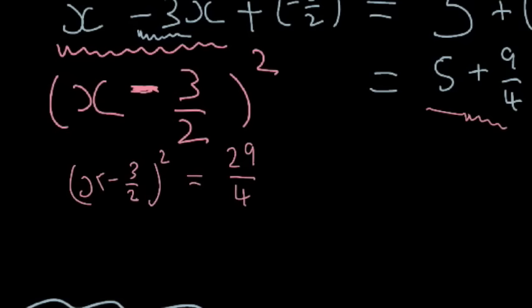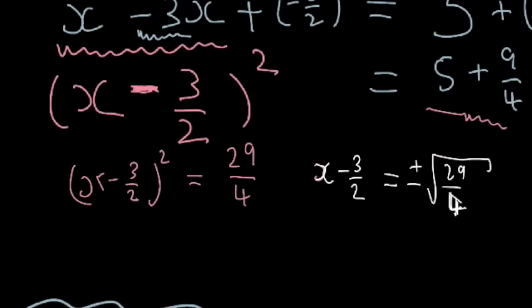Well, we also know that if we square root both sides, we are going to get x minus 3 over 2 equals plus minus the square root of 29 over 4.